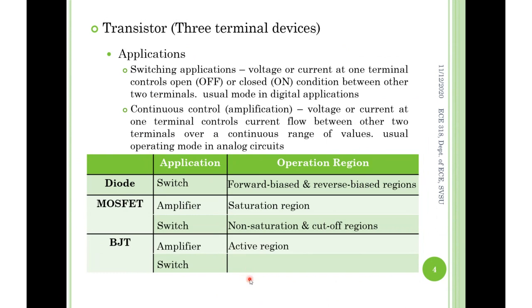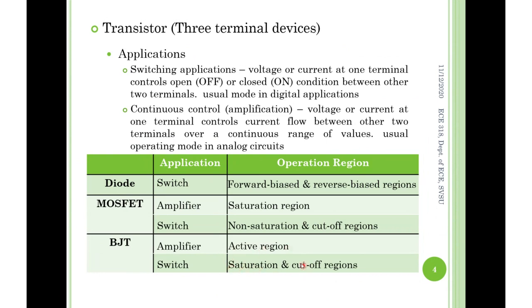And to make the BJT work as a switch, you need to bias your Q point into what region? Be very careful, the name is a little bit tricky. It's not called non-saturation region, but called saturation region. For BJT, the saturation region represents the on state of the switch. Be very, very careful of this name.